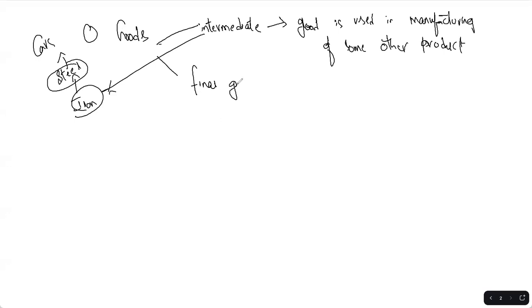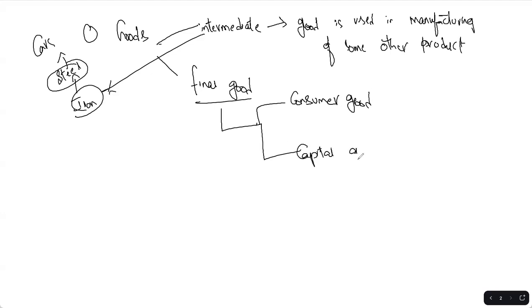Okay, then final goods we have. In the final goods, we have different types, two types. One is consumer good and other is a capital good. Consumer good means a type of good where it does not go further into the processing stage. It has reached its final stage of the consumption.